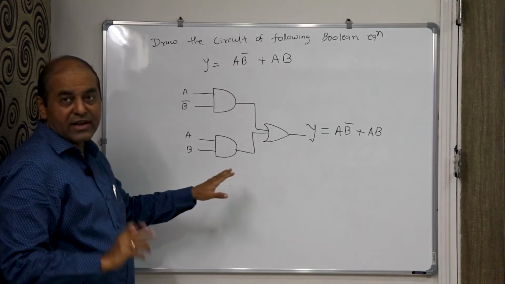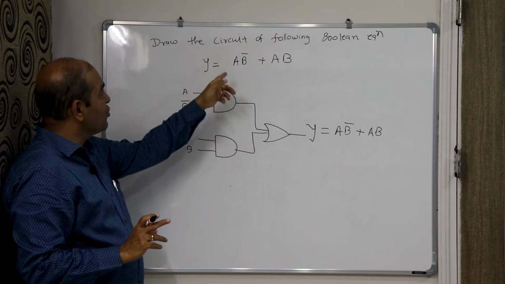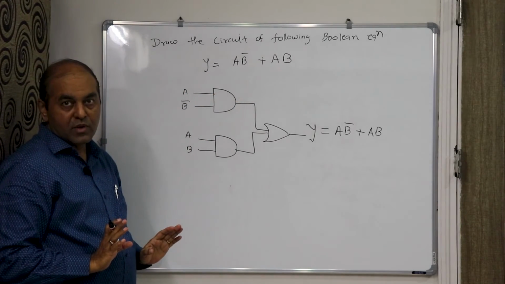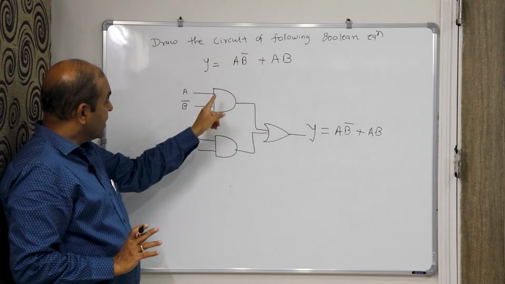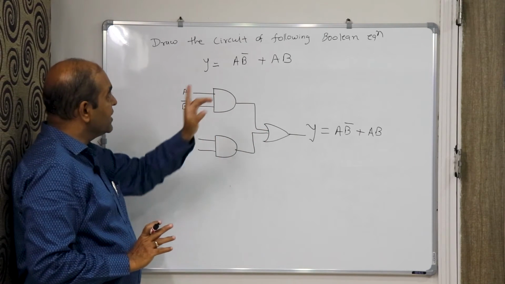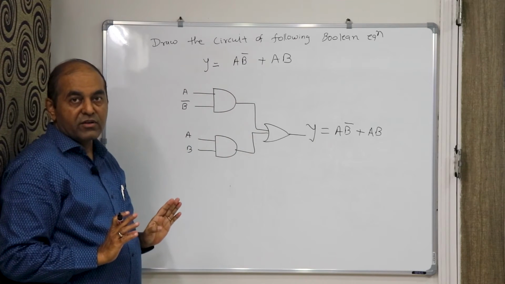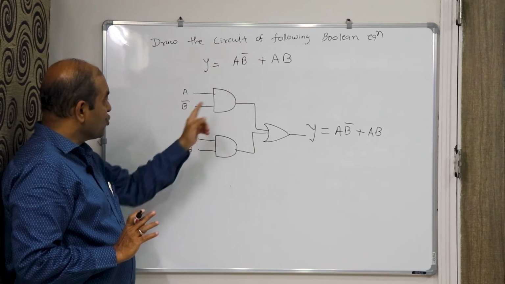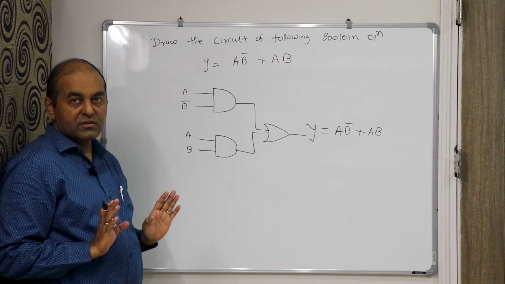This is the circuit of Y equals A B bar plus A B. So gates number 1, 2 and 3. 3 gates are required if we use the simple Boolean equation: 2 AND gates and 1 OR gate.